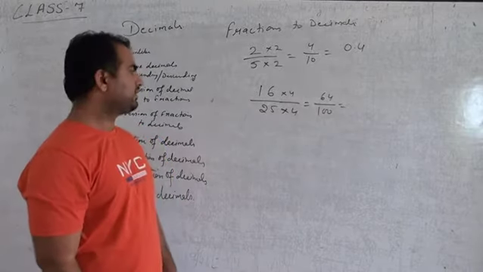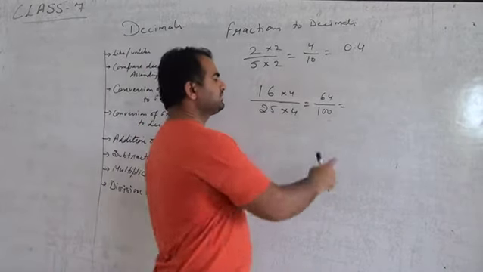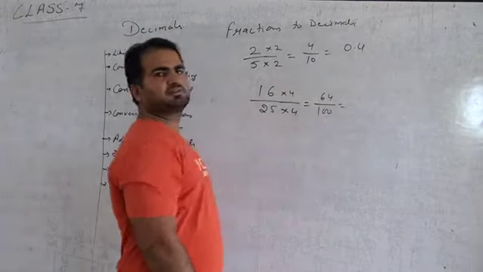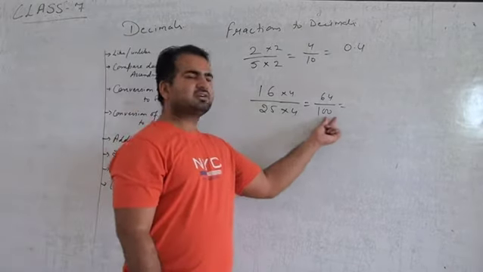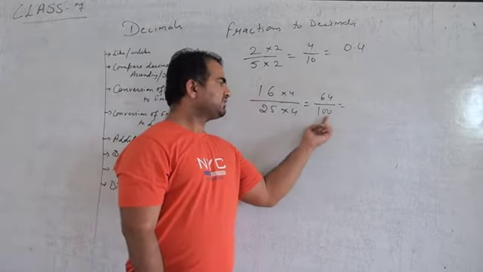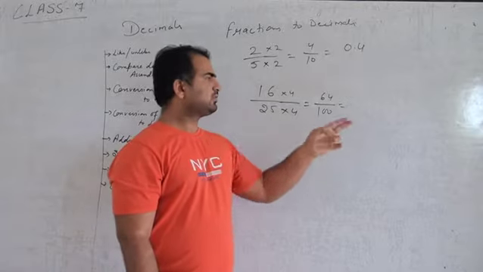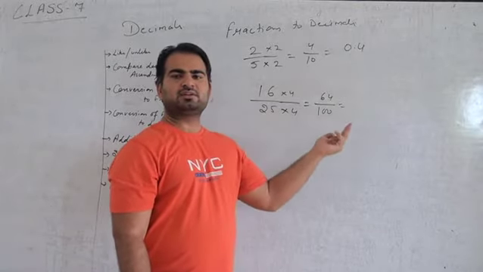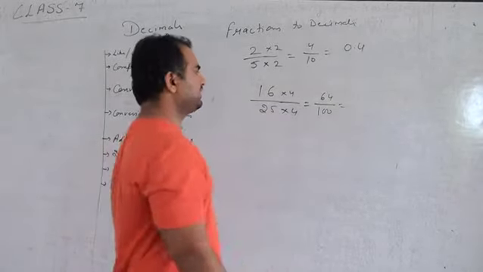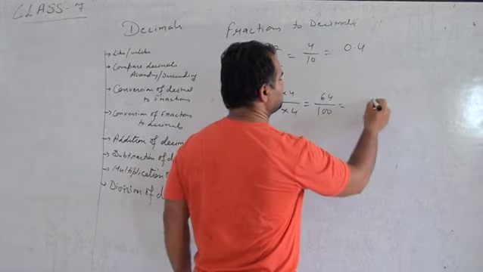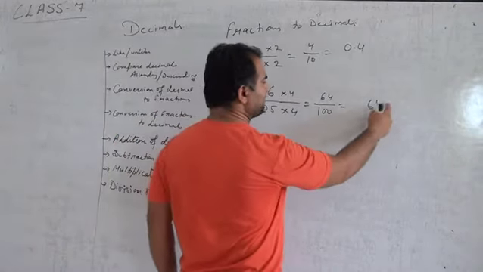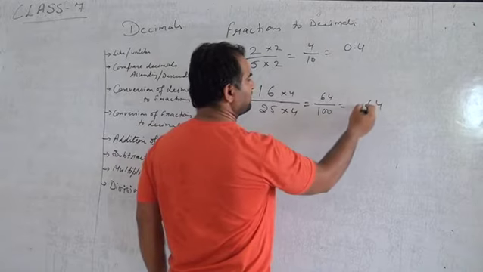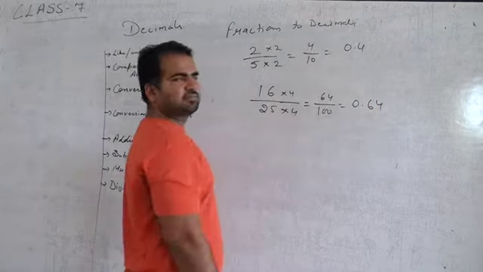Now we can place the decimal by counting the number of zeros in the denominator. How many zeros are there? 2. Then we place the decimal by counting from the right, 1 and 2. So after 2 digits I have to place a decimal.